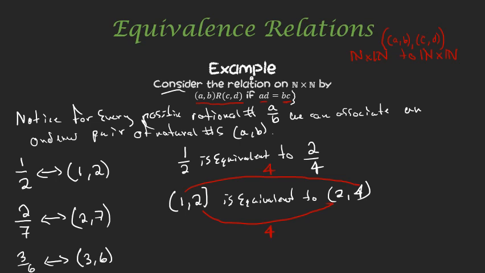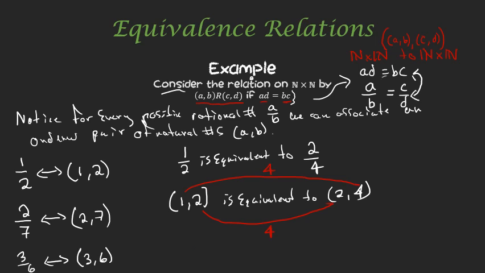So what this relation is really doing, let me just rewrite it for a second. We have AD equal to BC. Thinking of these as fractions, if I divide by D on both sides and divide by B on both sides, I get A over B equals C over D. So these two fractions are equal if and only if they satisfy that condition.